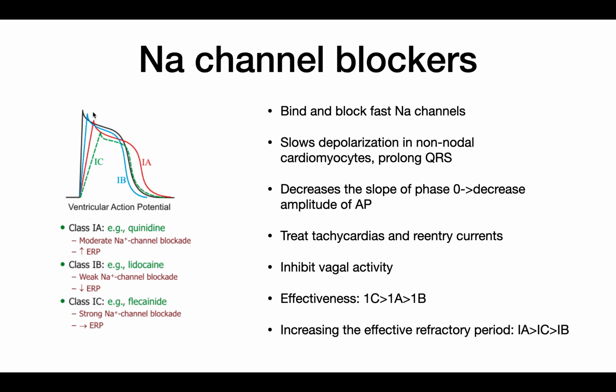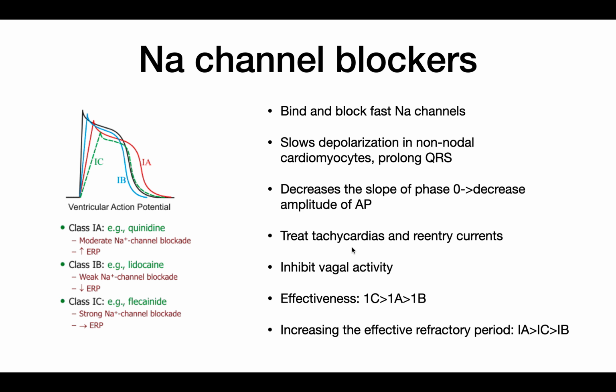1B is not going to do too much. 1A, a little bit more. 1C is the one that will decrease the amplitude the most. So quinidine, 1A, is moderate. And class 1C is the strongest blocker.